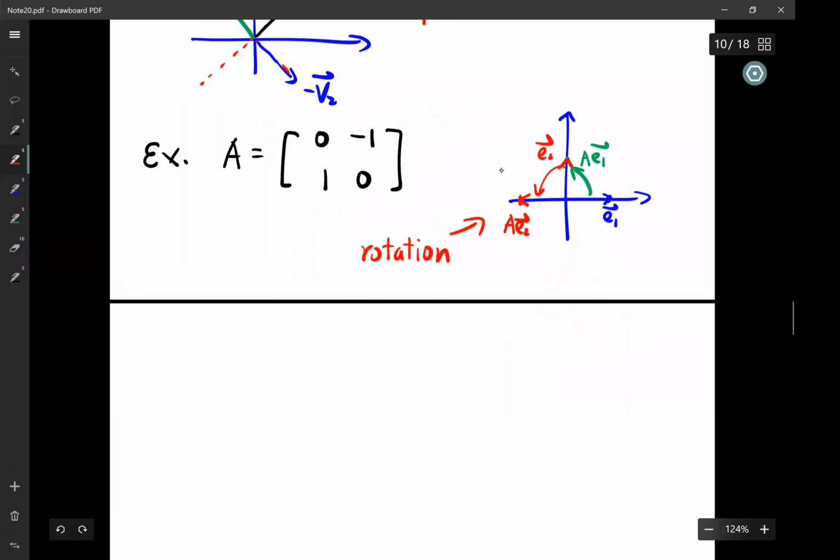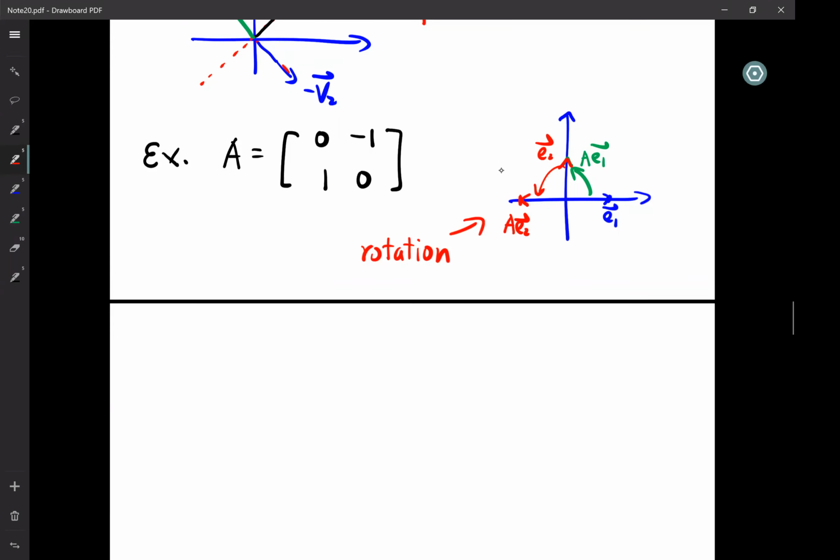As we talked about briefly last time, not all matrices necessarily have eigenvectors, because the definition of eigenvector is that the direction doesn't change.